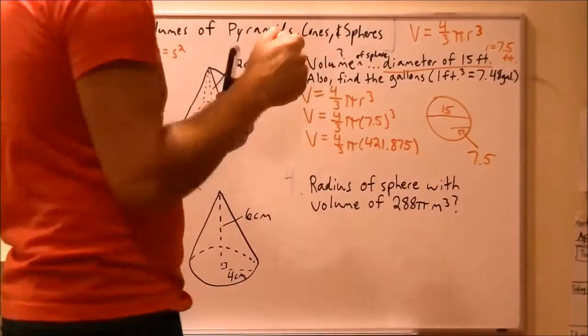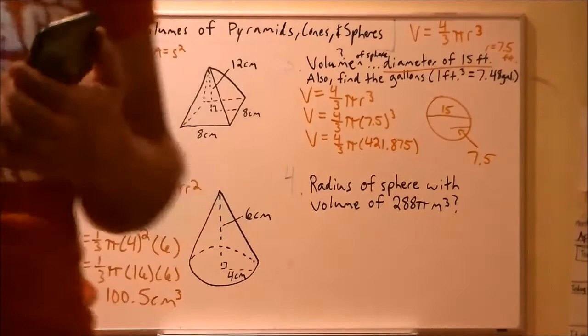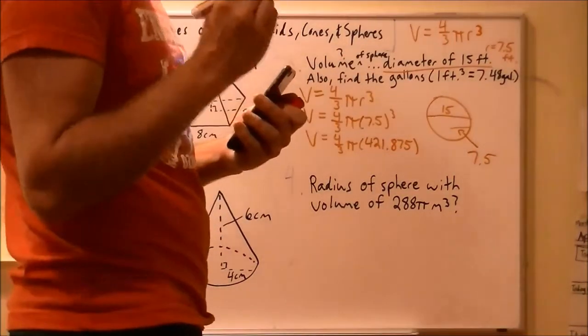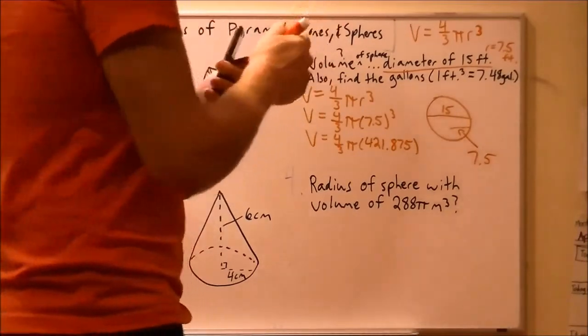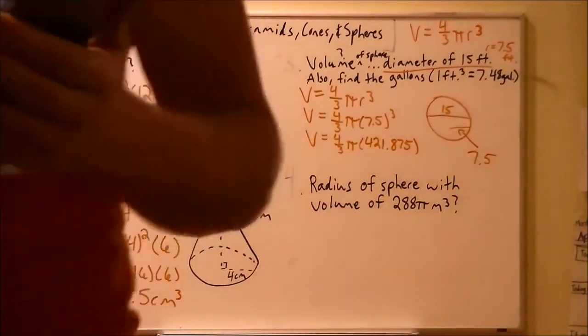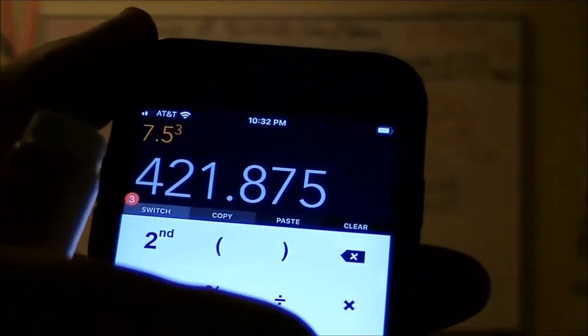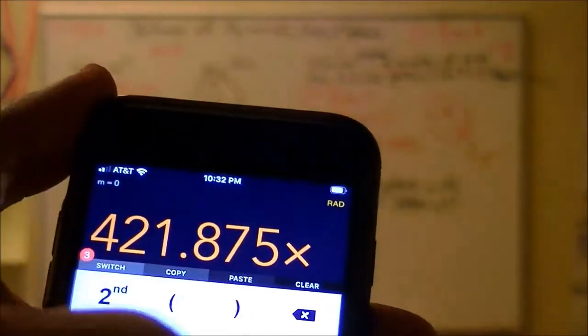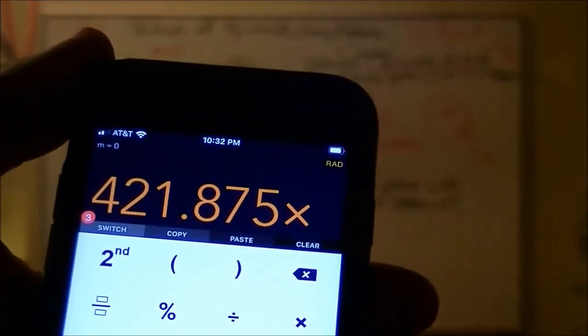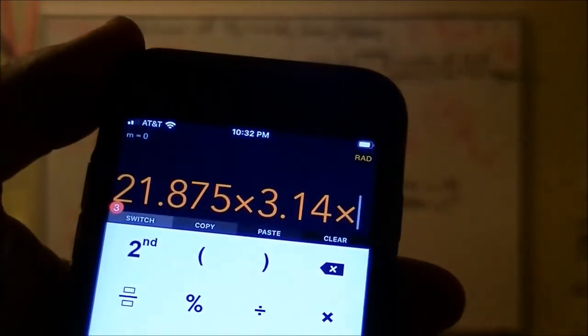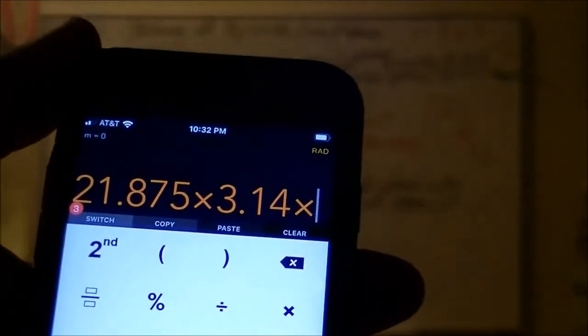I'm using more decimals right now because I don't have my final answer yet. Now I'm going to take that answer, multiply it by pi, which is 3.14, and multiply those two by the fraction.